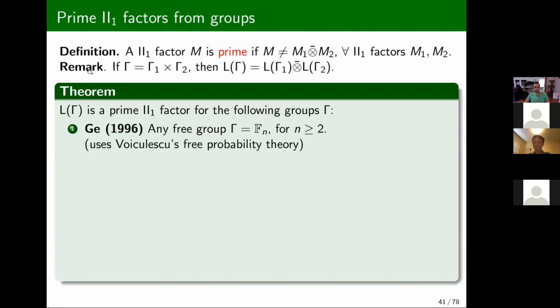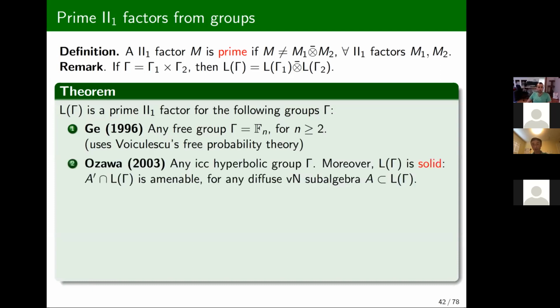And this was the first example of a countable group gamma such that L of gamma is a prime II_1 factor. A few years later, Ozawa vastly generalized this result by showing that the same is true for any ICC hyperbolic group gamma, and this includes the free group, so it generalizes Ge's result.